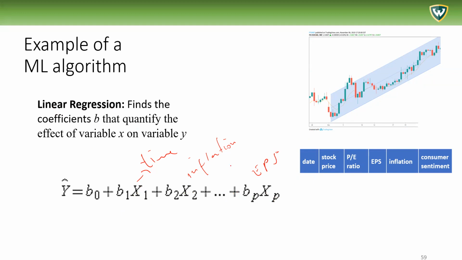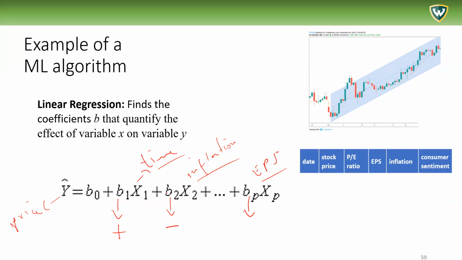And what the linear regression does is it finds the coefficient B, which identifies the relevance or the impact of each of these variables or factors on the price, on your outcome of interest. Some of these may be positive. For example, as time goes forward, price usually goes up, or it finds this from the existing data. Remember, we have to train on the existing data.